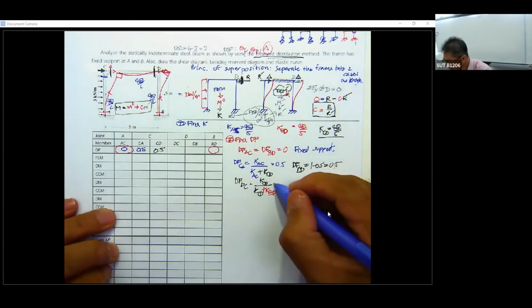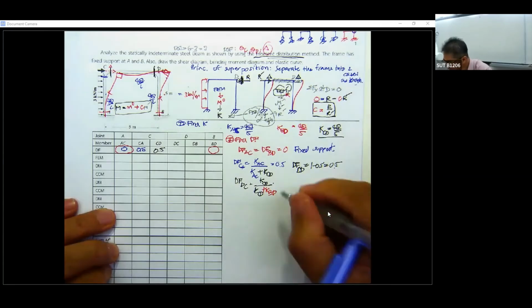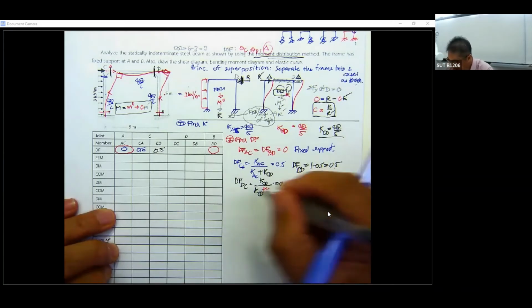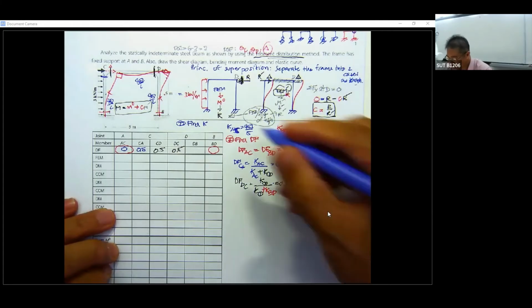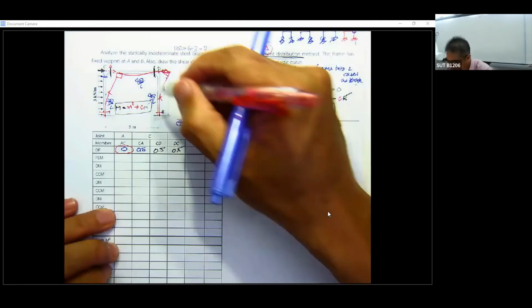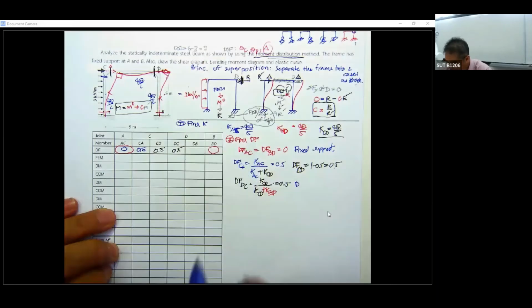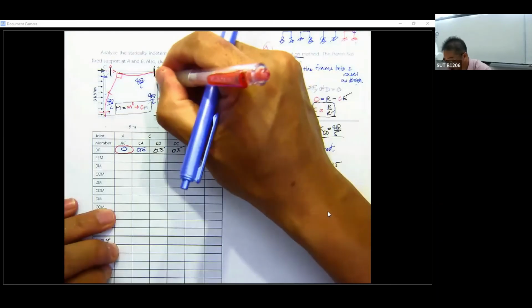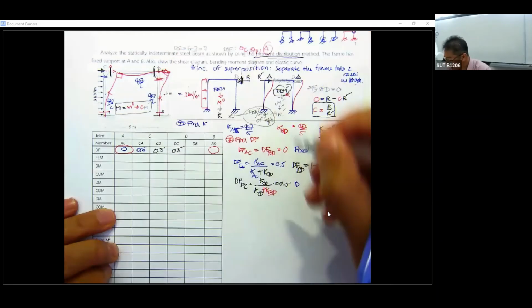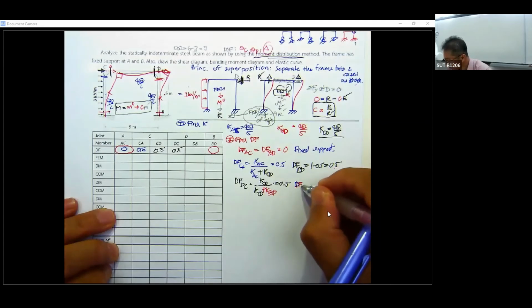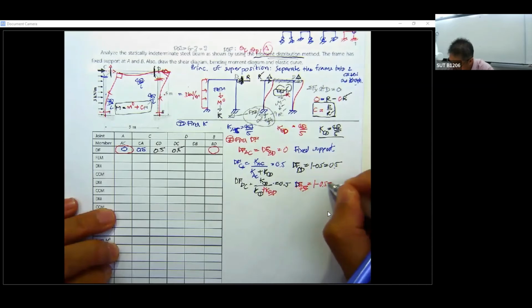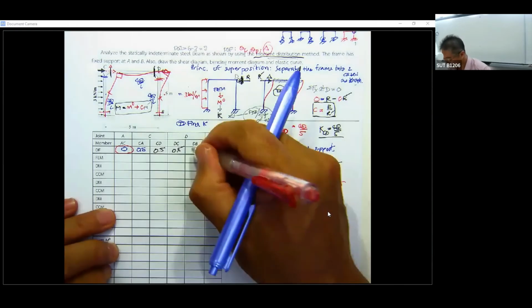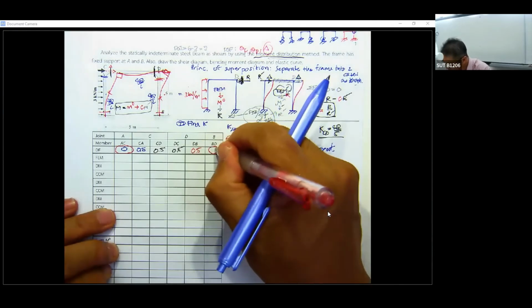You put it, and you're going to get this one to be 0.5. Then the next one is distribution factor DB, and this will be 1 minus 0.5, which is 0.5, and then this is 0. Now you have to go to the third step.